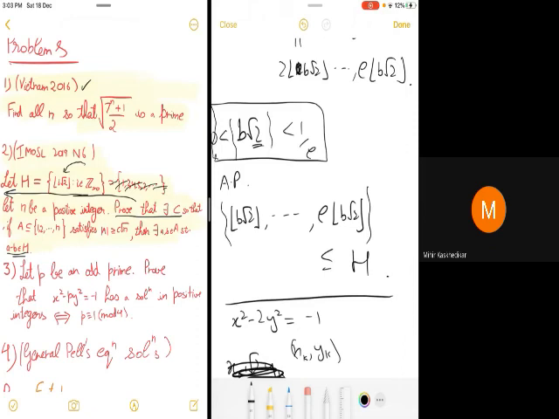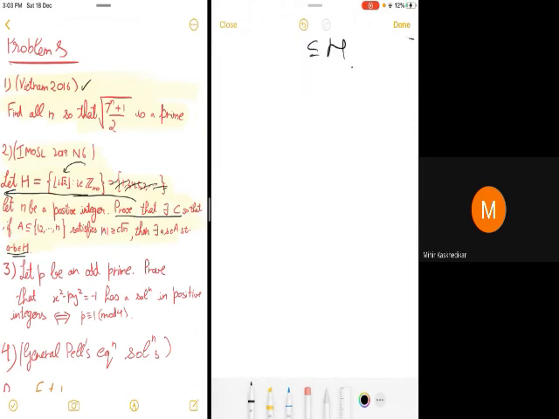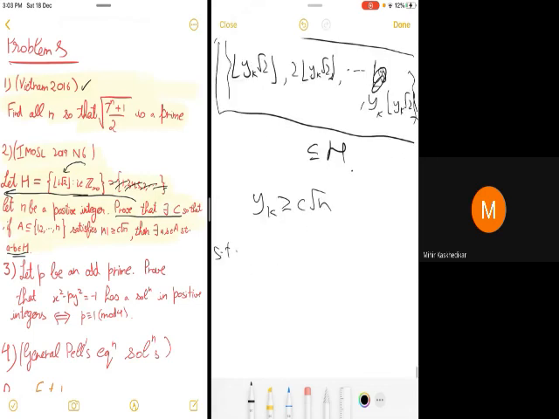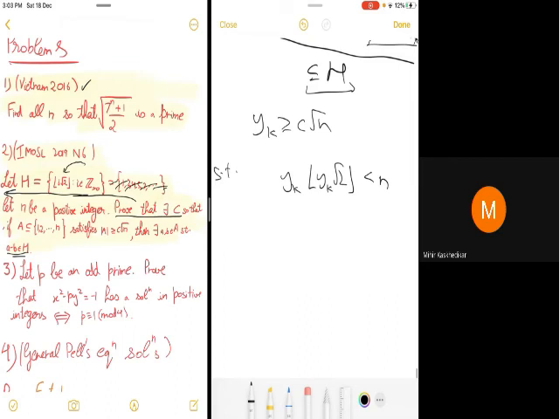By this, notice that we just need to prove this thing, c root n, so that this last term is less than n. We already proved that this belongs to n, so it is less than n. And so if we prove this thing, then this is automatically implied.